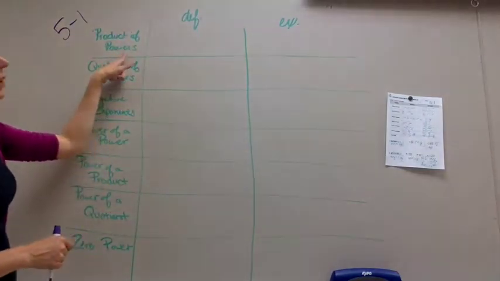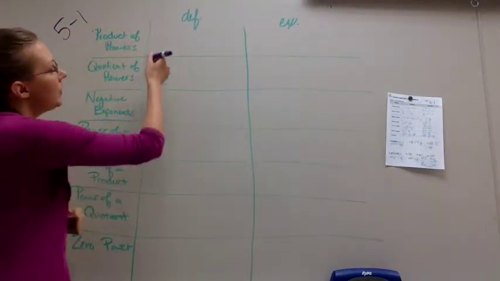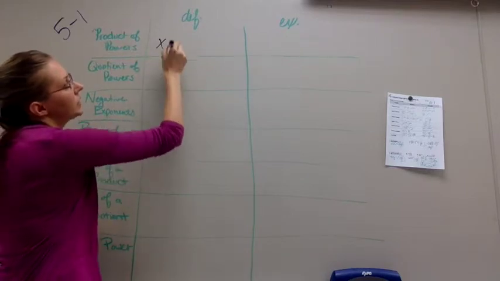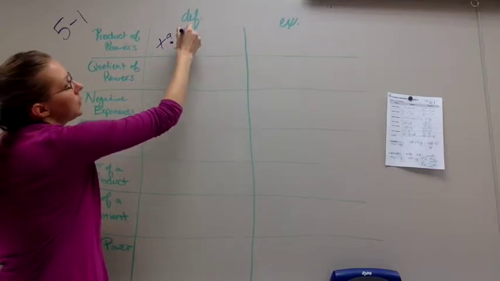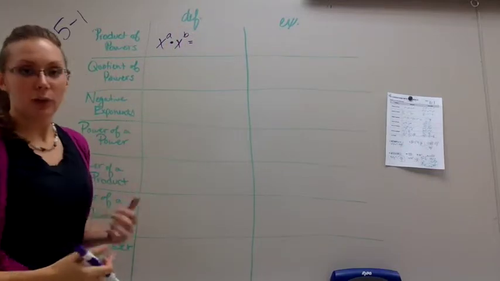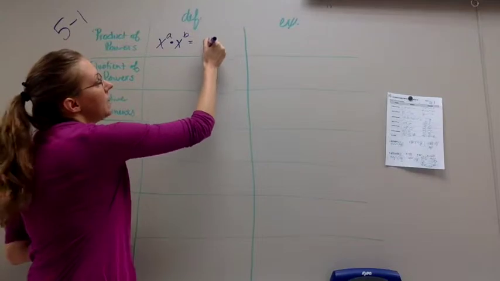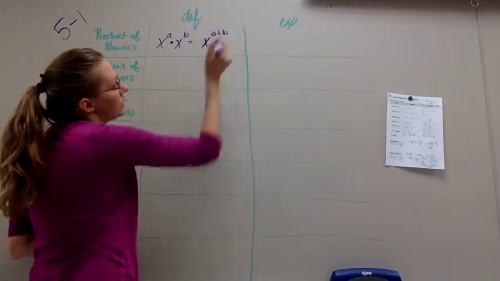So first we have the product of powers property. What this means is if we have some base, x, to the power a, times another number with the same base but with a different exponent, we can simplify this easily by taking our base and just adding our two powers.